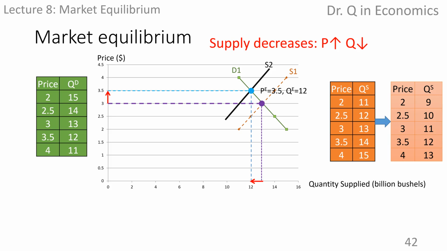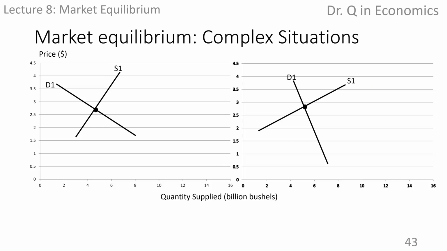Please note that we're here to focus on the quality of the change, which means the direction of the change. Is it an increase or decrease? Not the quantity or magnitude of the change. We haven't yet discussed by how much it changes. What if both demand and supply change at the same time?